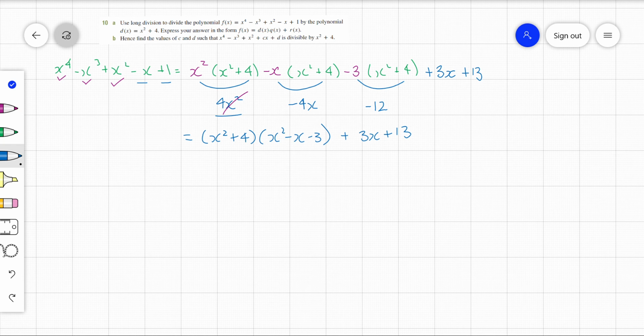All right, so if this polynomial, so it's almost the same polynomial, except we've got cx plus d here. Now, if it's divisible by x squared plus 4, that means there's no remainder. So I'm going to have x squared plus 4 and this x squared minus x minus 3.